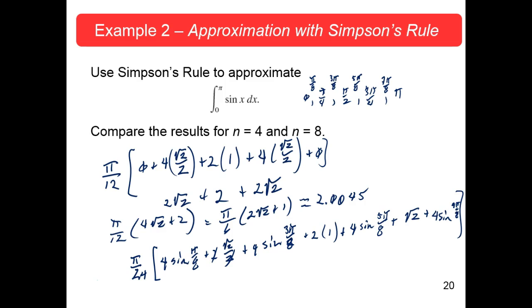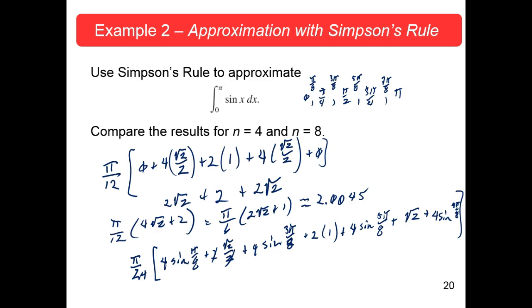Be sure you're in radian mode. It would be terrible if you're in degree mode. Okay. 8 times the sine of pi over 8. Always fun with a new calculator, trying to find where the keys are. I'm trying to find the pi.